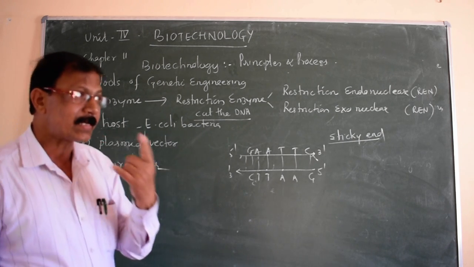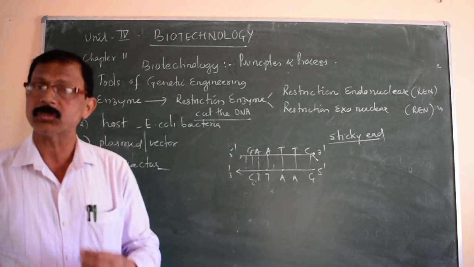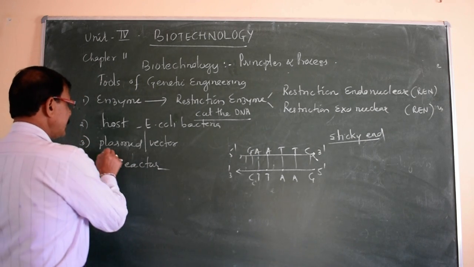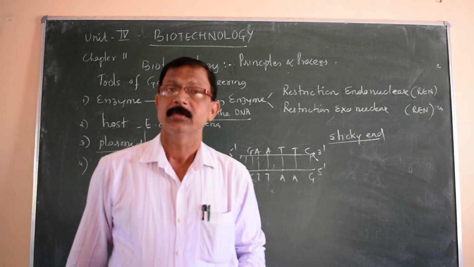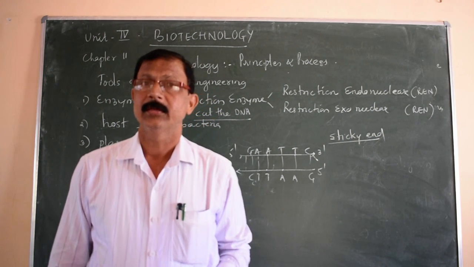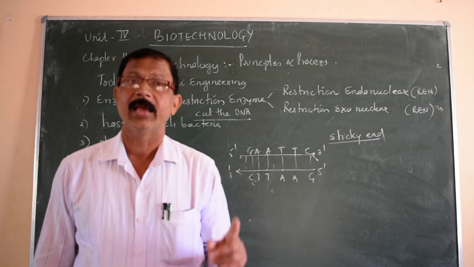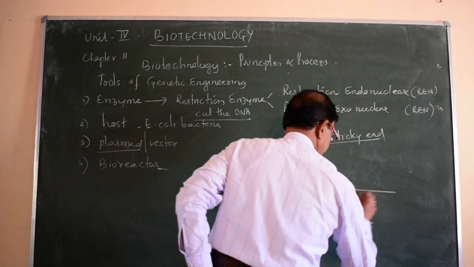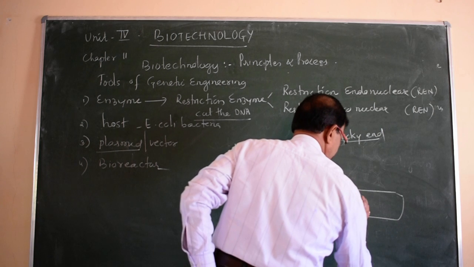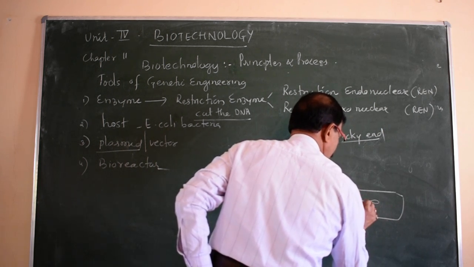Second thing is that every host like a bacterium contains a plasmid. So what is a plasmid? Plasmid is an extra chromosomal circular DNA. See, this is a bacterium, E. coli, and in this is the nuclear material.